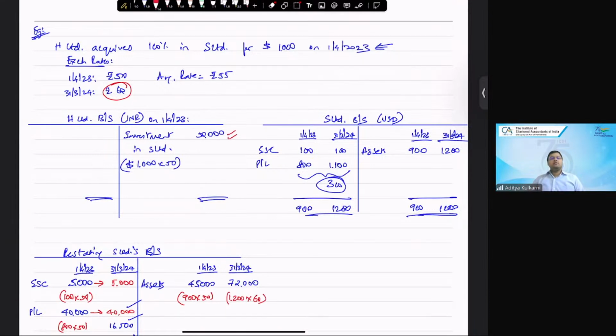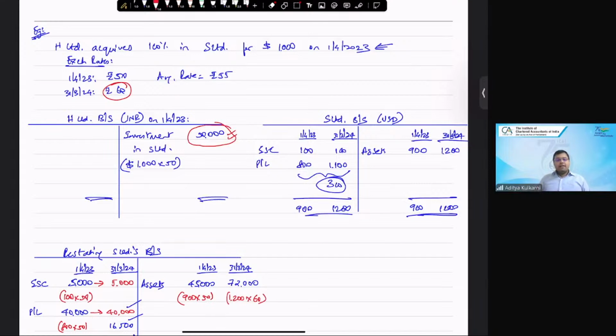What happens in consolidation is that this investment in S Limited will go away. It will be replaced by the assets and liabilities of S Limited, because in effect you are controlling another entity. Its assets, liabilities, sales, costs, expenses, its P&L, everything belongs to you.